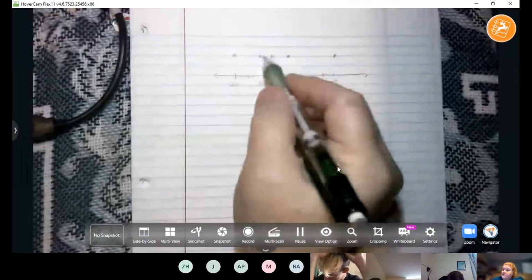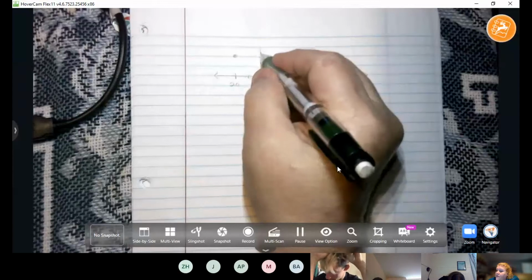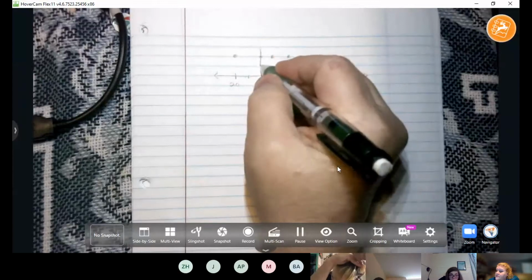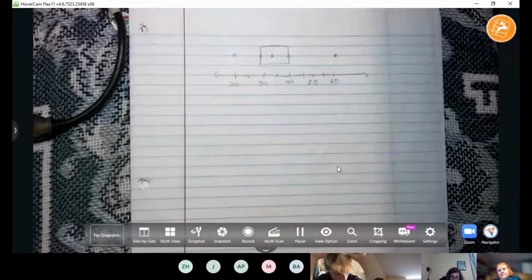Now, these 3 dots in the middle are where the box goes. So we're going to draw a box. It's going to connect the first quartile to the third quartile.